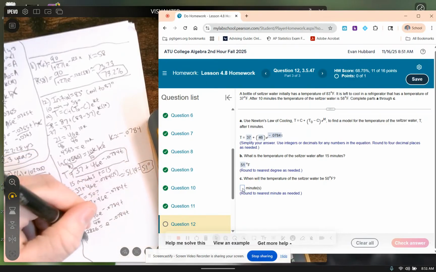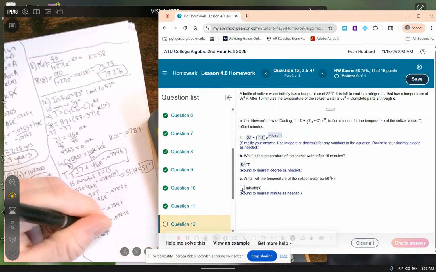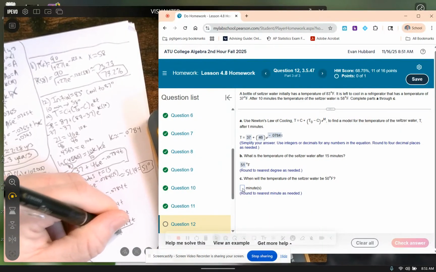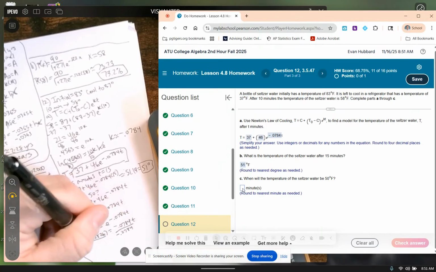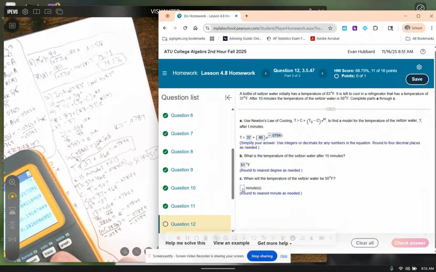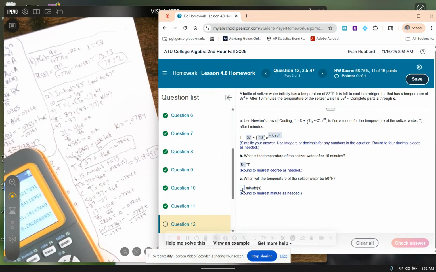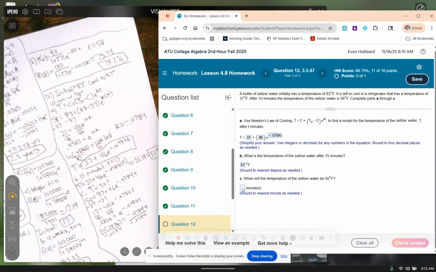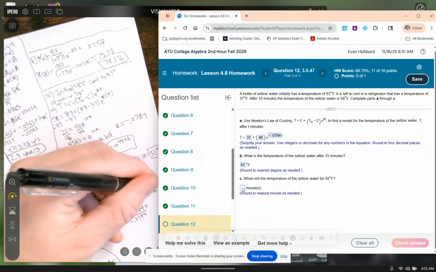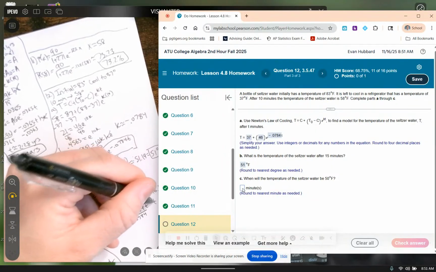So you do ln of 0.2826 is equal to negative 0.0784 t, divided by negative 0.0784. So ln of that divided by negative 0.0784. So 16.12, so the nearest minute, t equals 16.12, so it'd be 16 minutes.